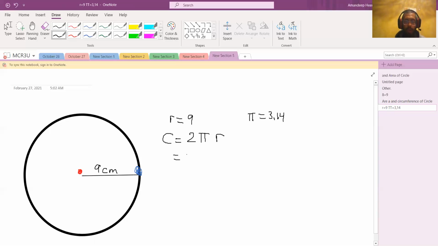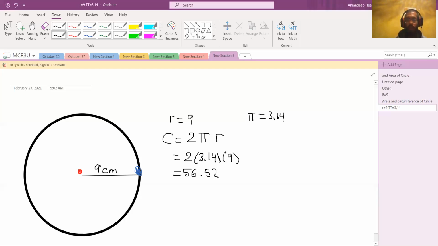So you do that, 2 times 3.14 times 9. Now, if you plug 2 times 3.14 times 9 into your calculator, you are going to get 56.52.